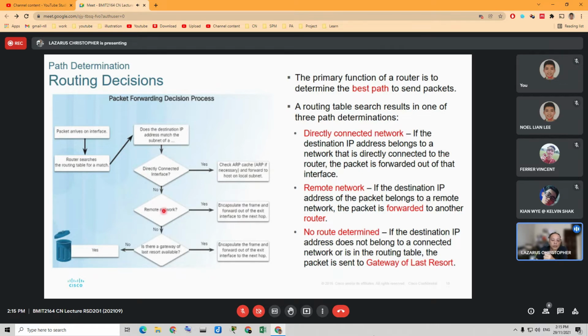But if it doesn't match any of the remote networks, then we check the gateway of last resort, the default route. Is there a gateway of last resort available? If yes, encapsulate the frame and forward it out of that interface. If there is none configured by the administrator, then it falls to here, which means drop the packet. Nothing else can be done by the router, so it drops the packet, which simply means the packet cannot be forwarded.